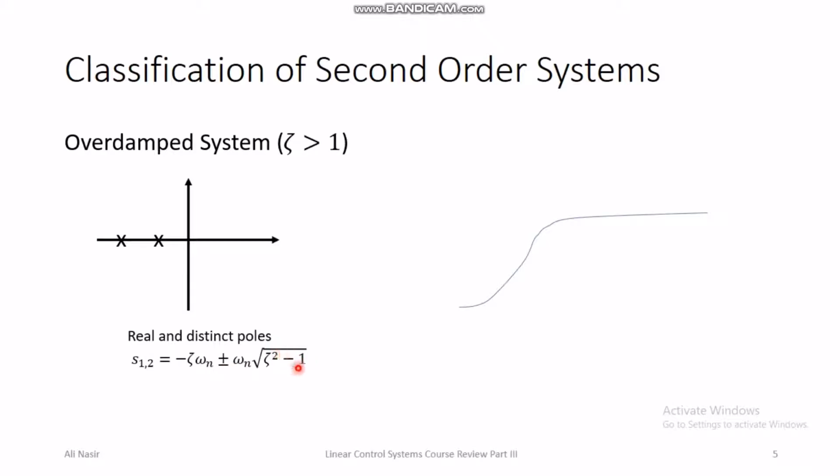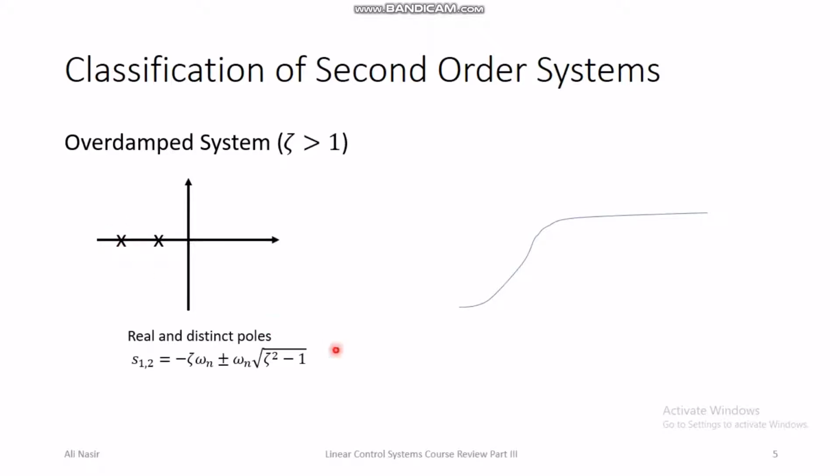Since zeta is greater than 1, zeta square is also greater than 1, and the quantity inside the square root is greater than 0, which means that this whole part is real. So this real number plus this real number is one pole, and this real number minus this real number is the other pole.